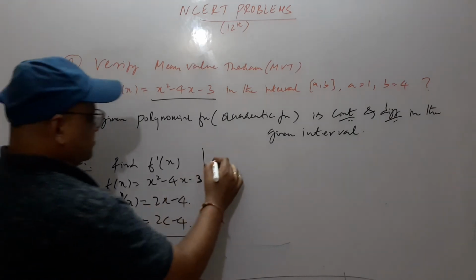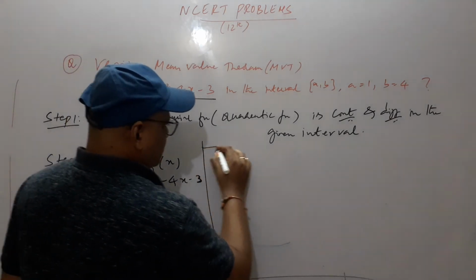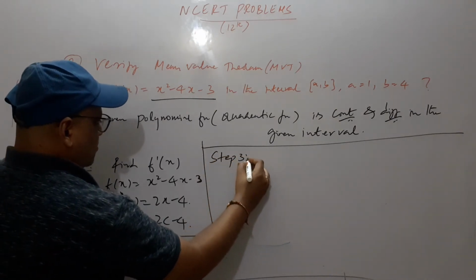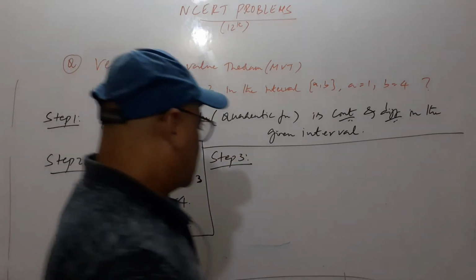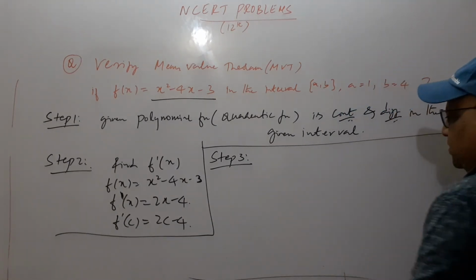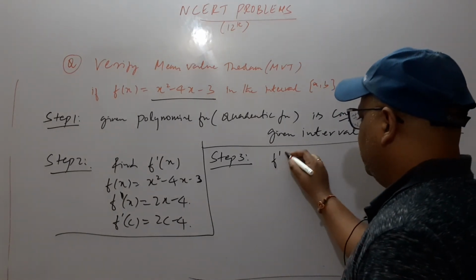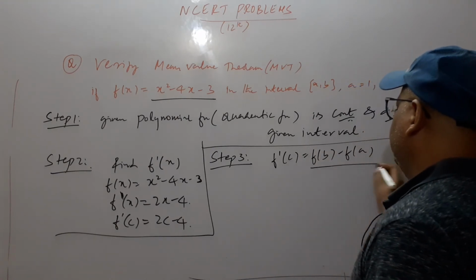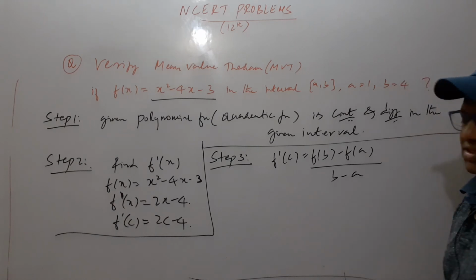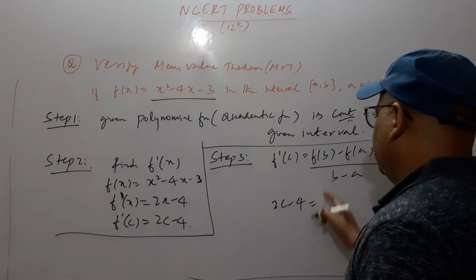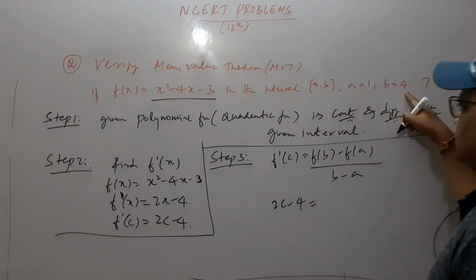Step 3, apply the formula, students. Apply the formula directly. F dash c is equal to f of b minus f of a divided by b minus a. Apply this formula. So 2c minus 4 will give me, so what is f of b?